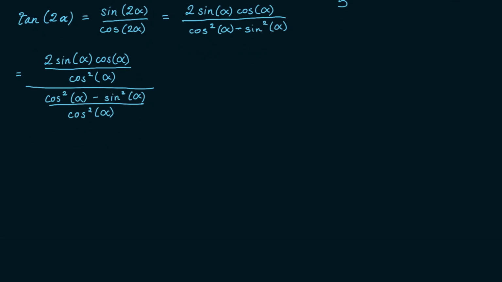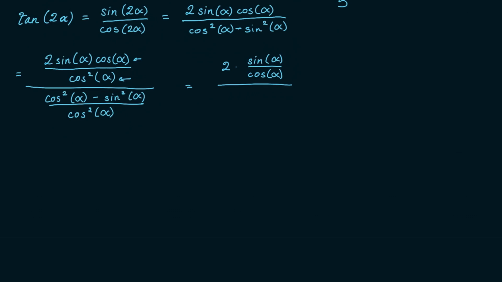Alright. Now let's look at the numerator. We have cosine squared of alpha here, and we have a cosine of alpha here. Well, we can cancel out a cosine of alpha in the top and bottom, and in the numerator we can get 2 times sine of alpha over cosine of alpha.